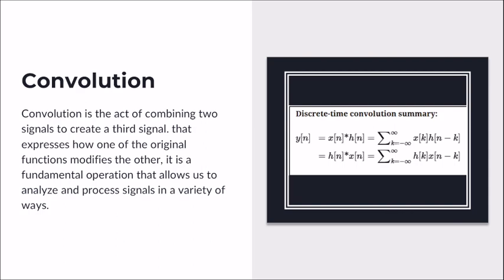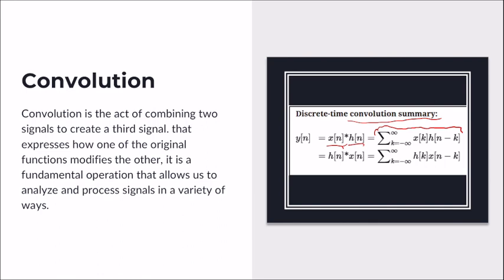In discrete time signal processing, in particular, convolution can be defined by the following summation: if we are given two discrete time signals x of n and h of n, their convolution y of n can be computed by this equation right here, which is the summation over k from negative infinity to infinity.